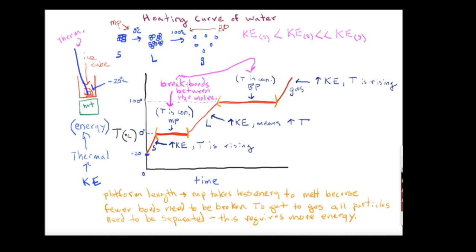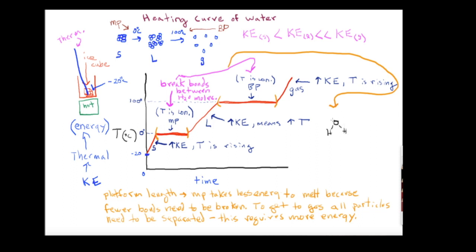Now, let me very quickly address what I mean by breaking bonds. To deal with that, I'm going to take and draw a line from here to this point. I want to keep this simple, so I'm going to draw two H2O molecules here.